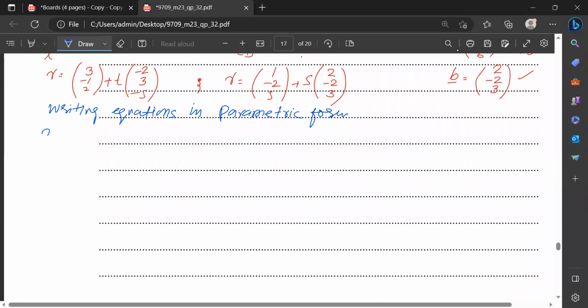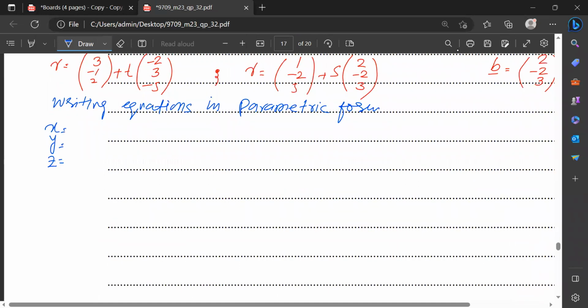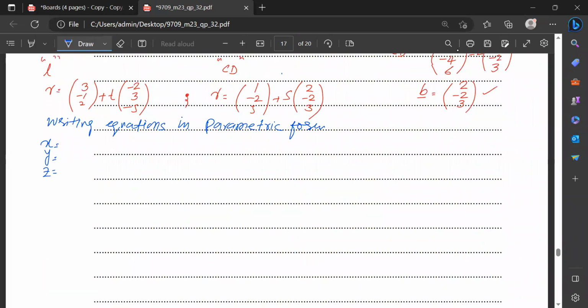Simple: x, y and z. This is the format for the parametric form. From here, you can write the parametric form: 3 minus 2t, then minus 1 plus 3t, then 2 minus 5t.